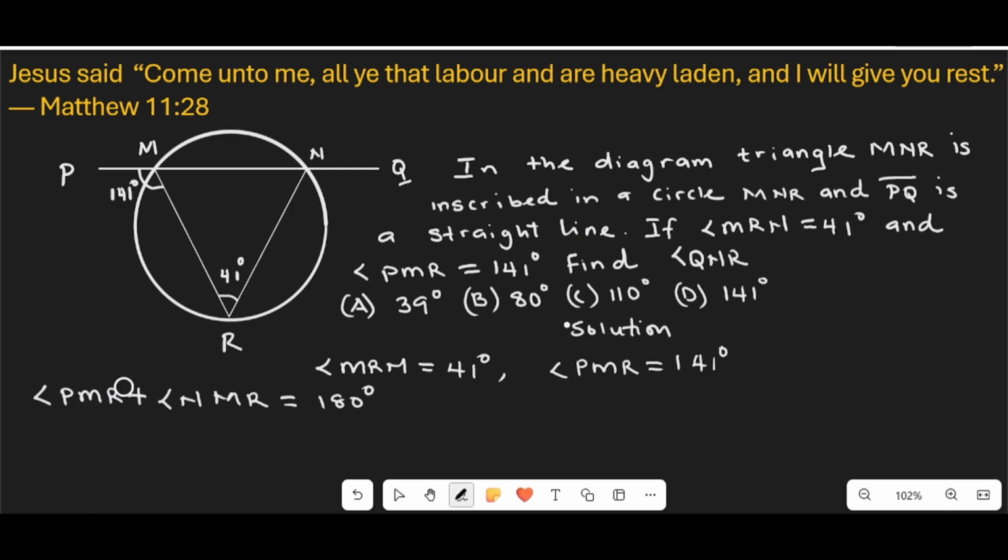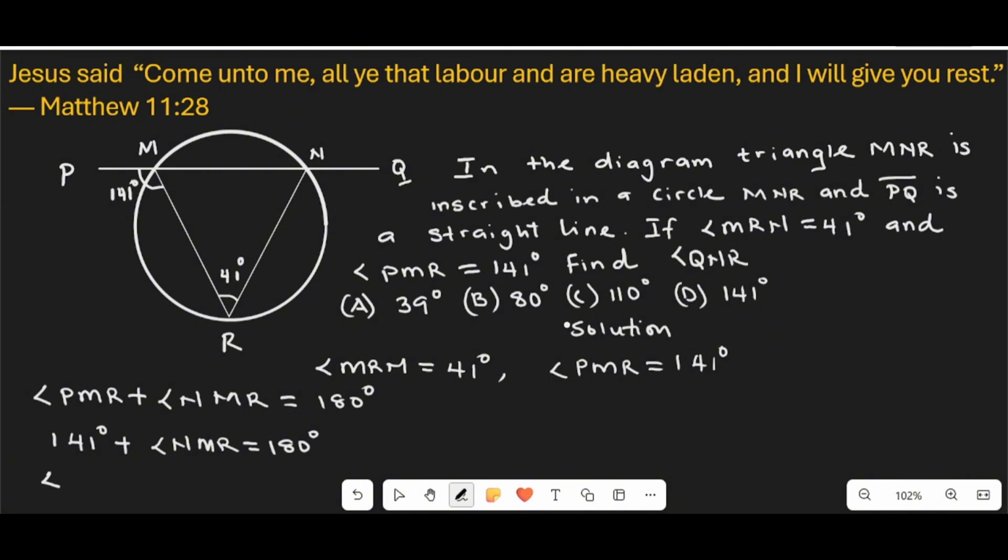So let us substitute the value of this angle into this equation. 141 degree plus angle NMR equal to 180 degree. So let us transpose this to the right hand side and it will change to negative sign.